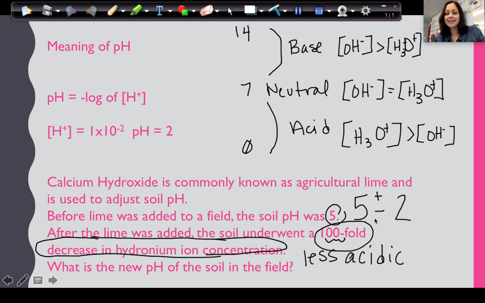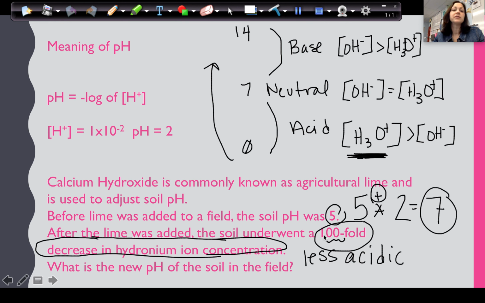So if we're getting less acidic, that means that the pH is going up, and my new pH would be 7. Because remember, this is hydronium. If we're decreasing hydronium, we're getting more like a base. Anytime they give you a 100-fold, a 1,000-fold, a 10-fold change in pH, the number of zeros tells you how many places to go up or down on the pH scale.